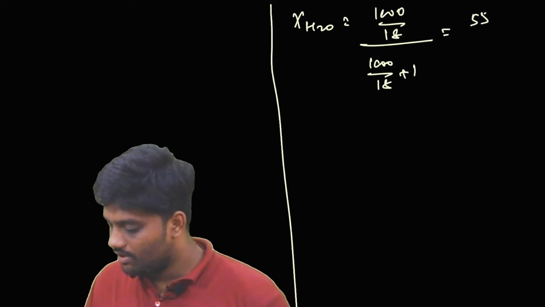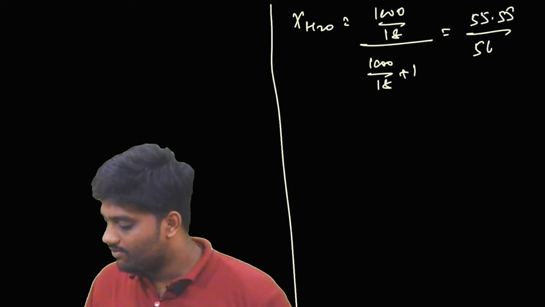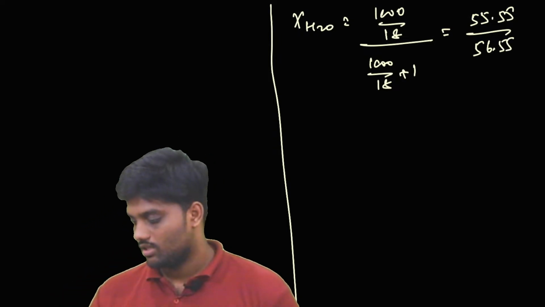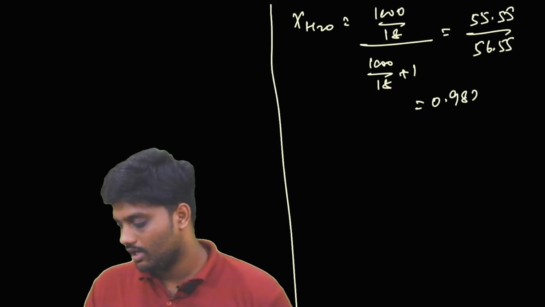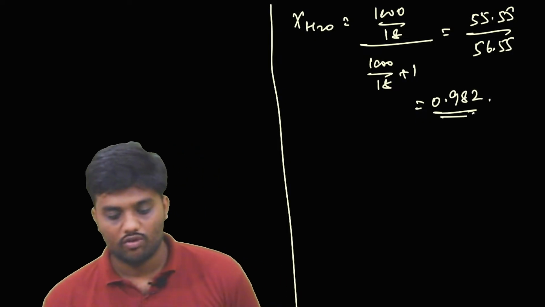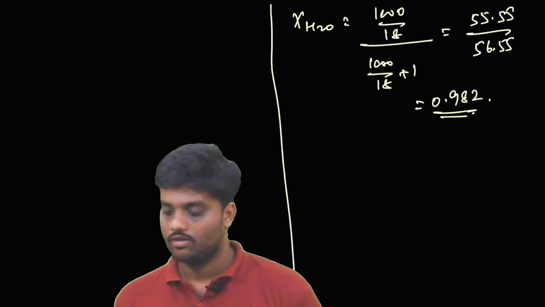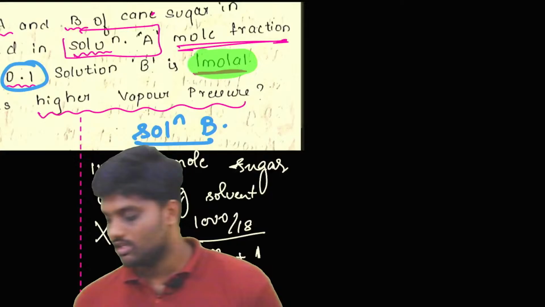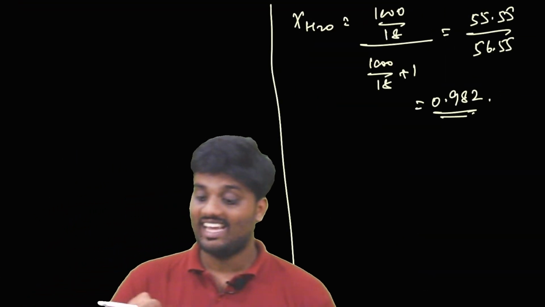This is equal to 55.55 divided by 56.55. When you solve this, it will be equal to 0.982. That is the mole fraction of water. Mole fraction of water in solution A is 0.9, but in solution B it is 0.982.